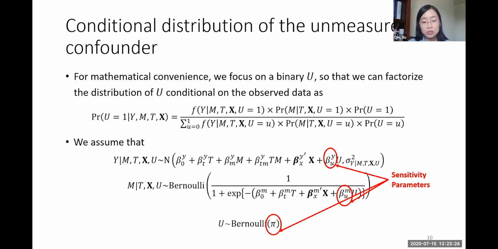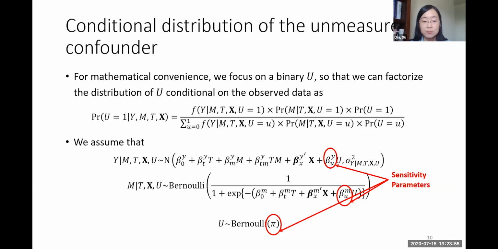We have an additional sensitivity parameter, which is the probability of U equals 1. This determines the prior distribution of U. Based on this, we could easily obtain the conditional distribution of U. The challenge is that except for the given sensitivity parameters, the other model parameters are unknown. And the estimation of these parameters is actually dependent on U, while U needs to be drawn from the conditional distribution determined by these parameters.